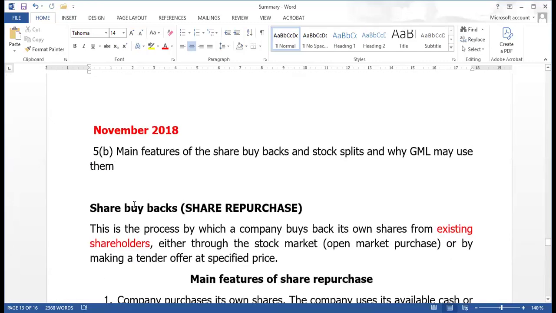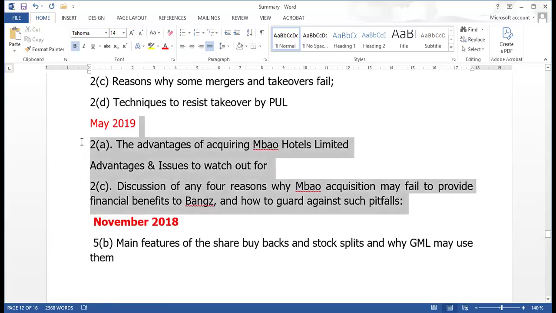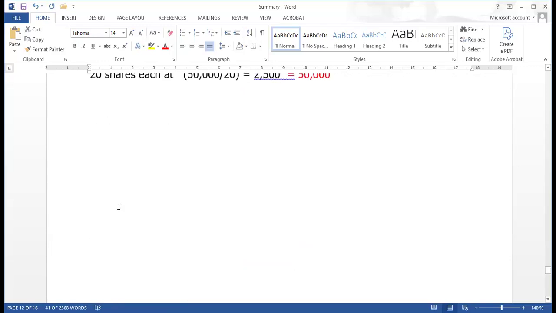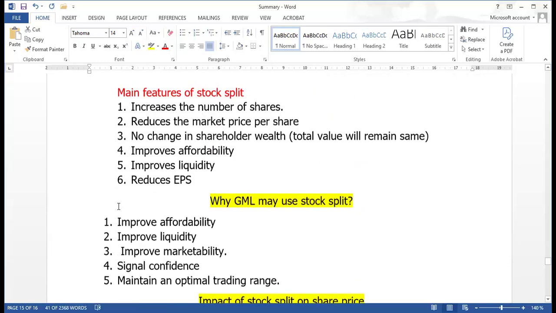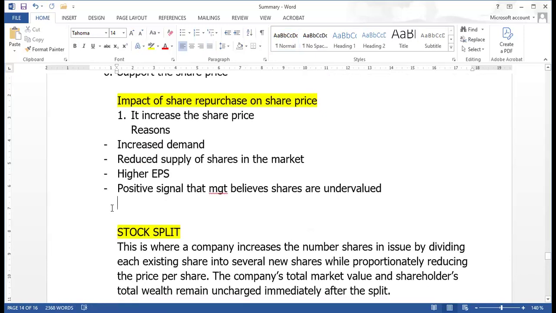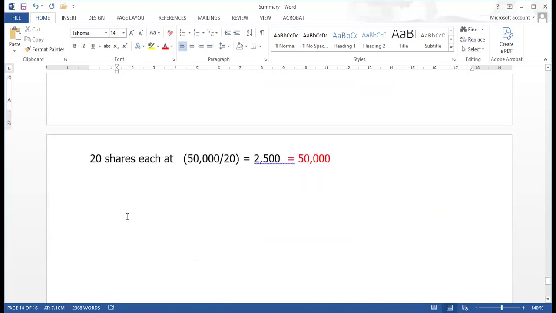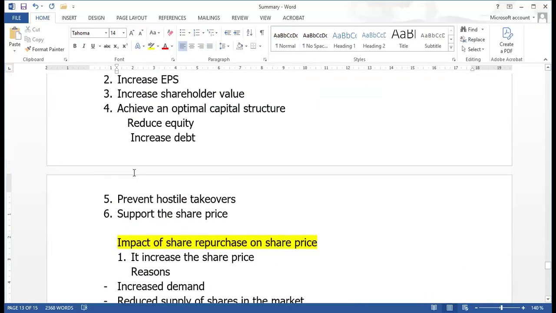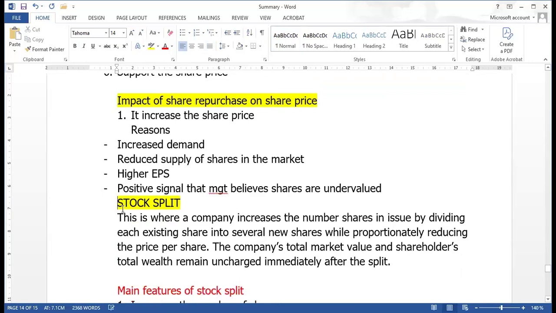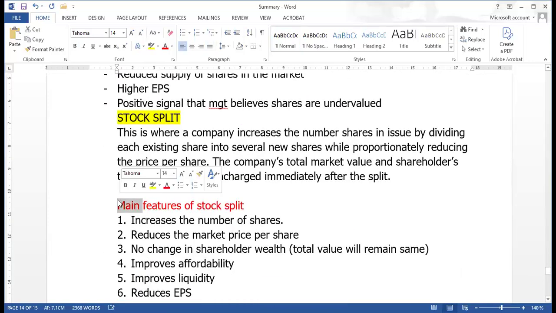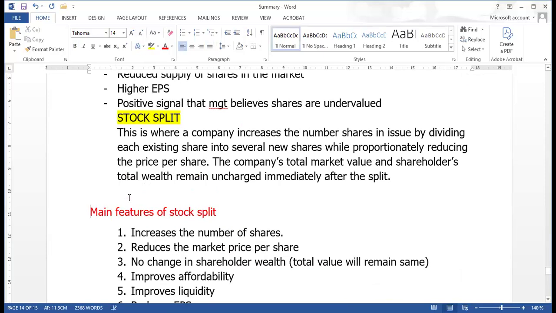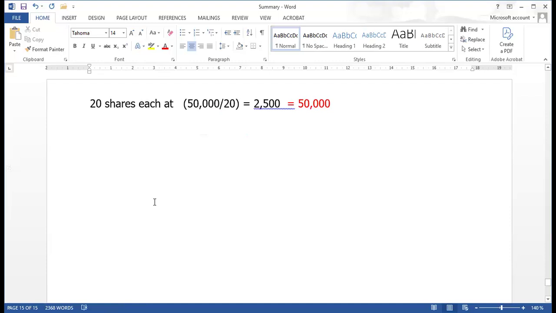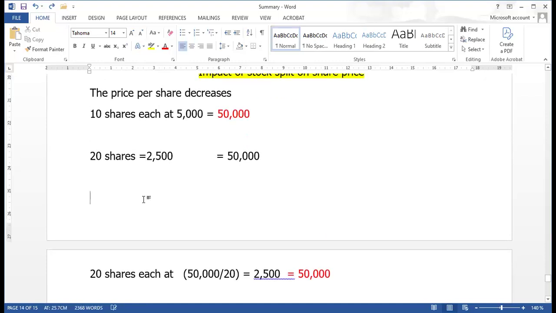So let's see this May 2019 paper. I used not to discuss theory, but I have realized that even reading the theory alone, there are some points you don't understand when you're reading alone.